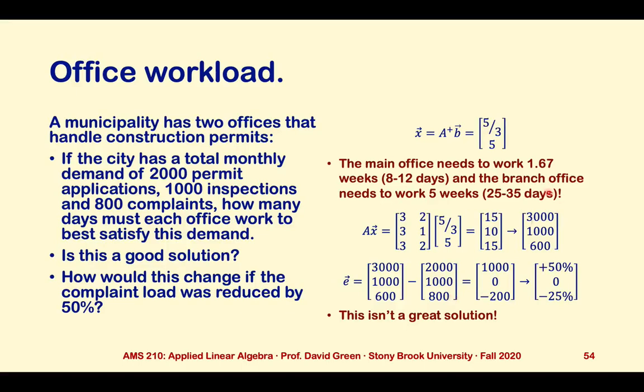Remember that these two variables were x1 and x2, the weeks needed to work by the main office and the branch office. The main office needs to work 1 2/3 weeks.